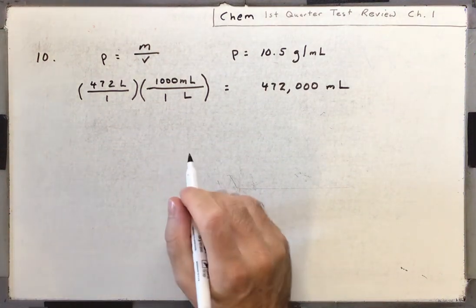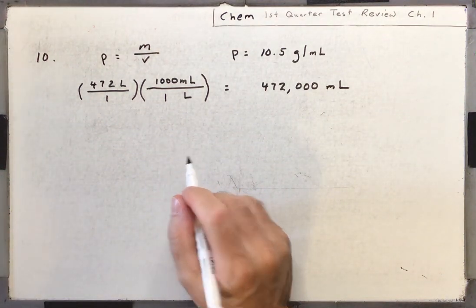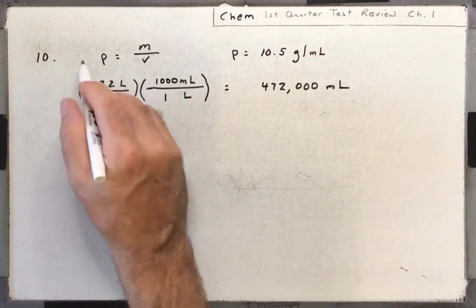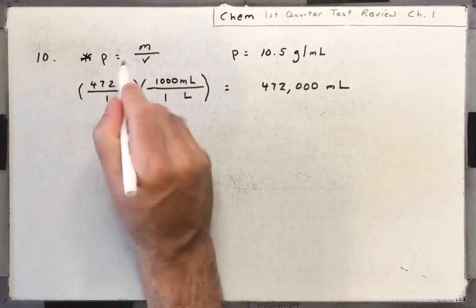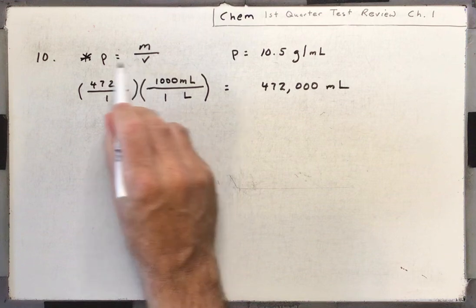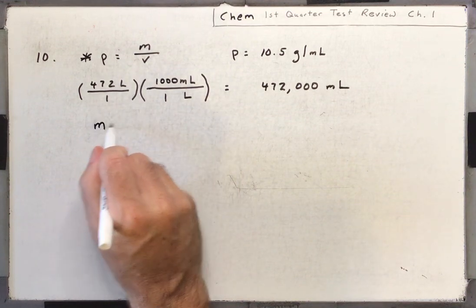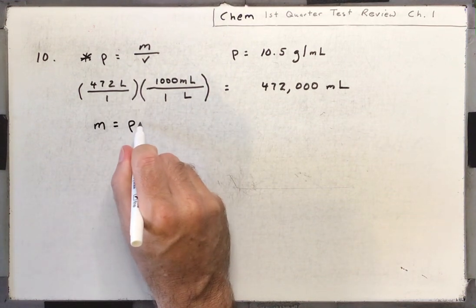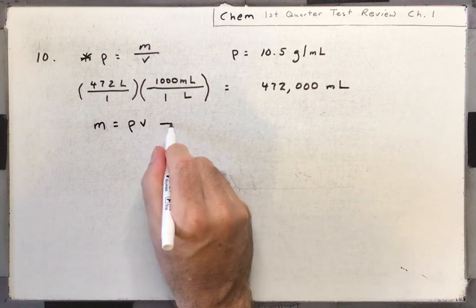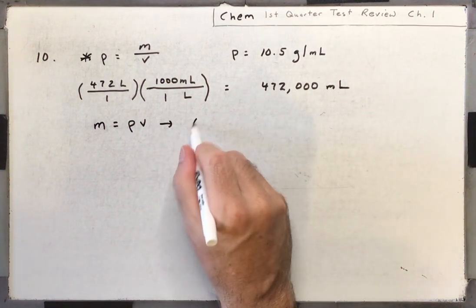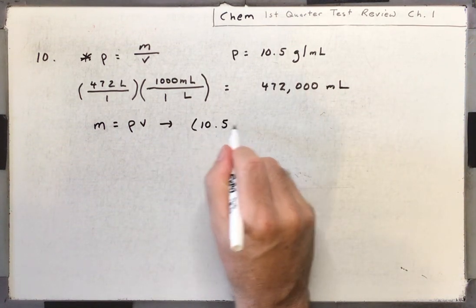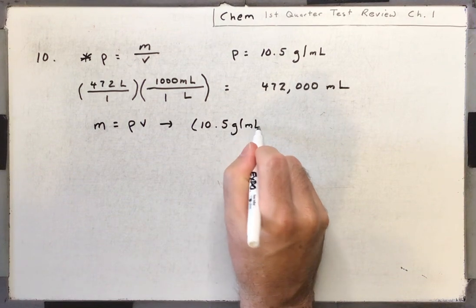Okay, so now the question is, what is the mass? Well, rearranging this equation, remember you got to memorize this, if you multiply both sides by volume, you would have mass is equal to density times volume. So we know density, it's 10.5 grams per milliliter.